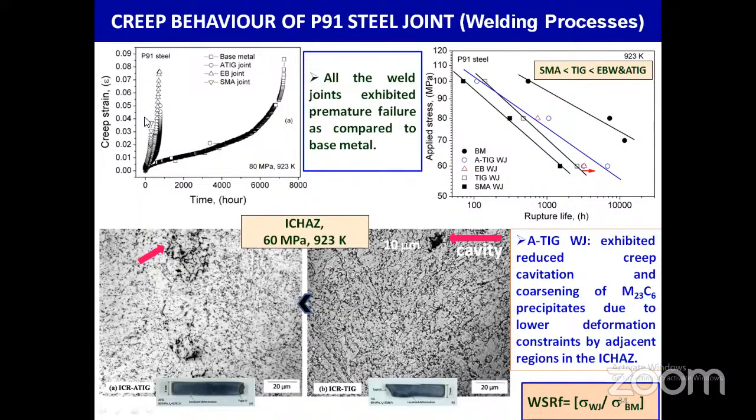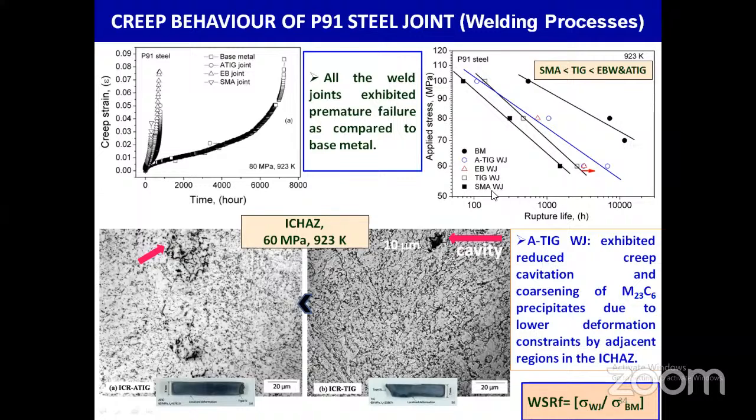This premature failure also varies depending upon the welding process. If we apply a single pass welding process, such as electron beam welding or activated TIG welding, the creep strength can be enhanced compared with the multiple pass welding process, such as TIG welding or SMAW.